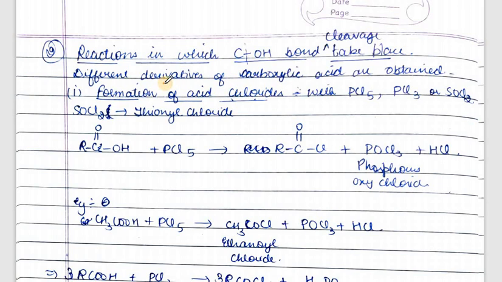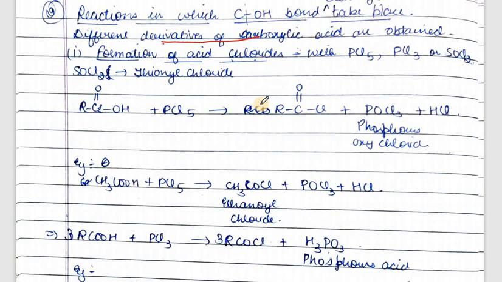If it is replaced with Cl, then we get the acid chlorides. If it is replaced with the NH2 group, then we get acetamide and so on.